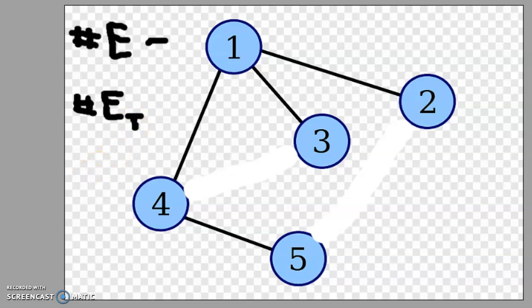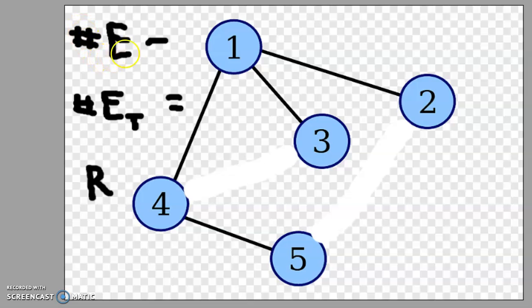So you can calculate the number of edges for the tree, which, as we said, was the number of vertices minus 1. That's what you need to have in a tree. That would be this number.